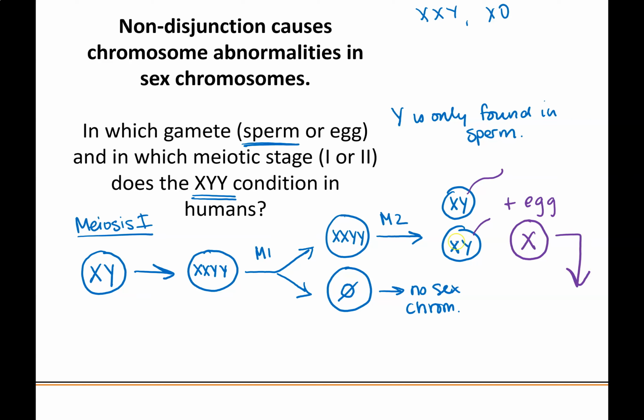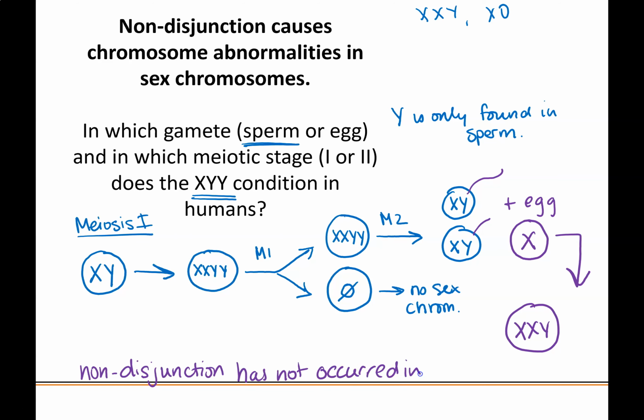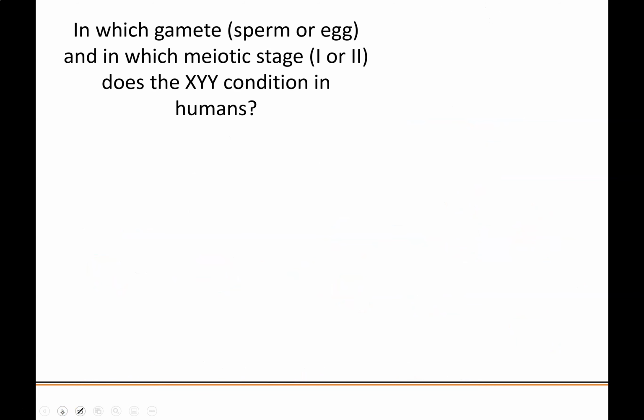So if this egg fertilized one of this individual's sperm, they are actually going to be XXY, which is not the condition that we need. So we know that the nondisjunction has not occurred in meiosis 1. So let's see if we can get it in meiosis 2.